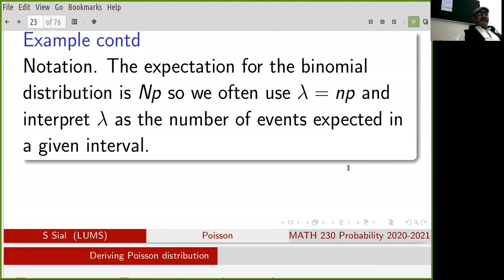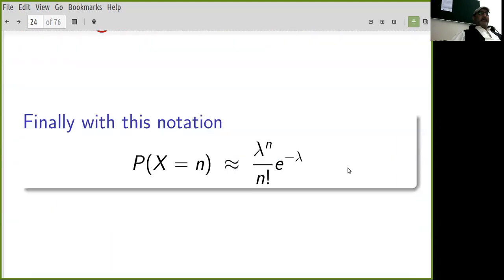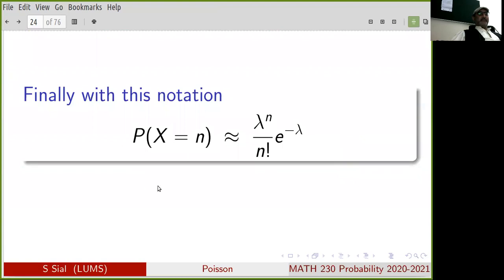We use lambda is equal to np, and then finally we get this. The probability that x is equal to small n, which can take values 0, 1, 2, 3, and so on up to any integer, is approximately equal to lambda to the n divided by n factorial, e to the negative lambda, and that is the Poisson random variable.